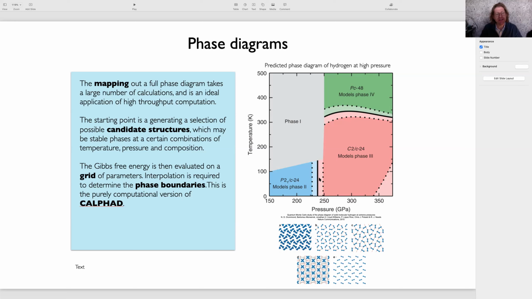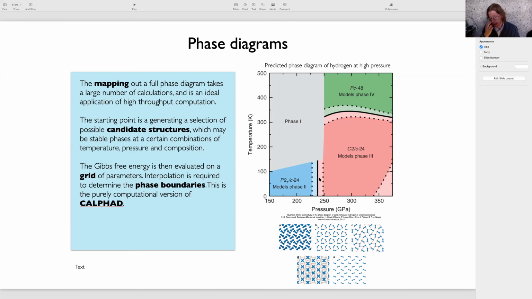I'm not sure if you've heard of it, but in materials science, a very famous technique is known as CALPHAD, the calculation of phase diagrams. CALPHAD is the traditional way of calculating phase diagrams, and it largely uses empirical data from experiments that are interpolated in some way to allow you to move over the whole pressure-temperature range.